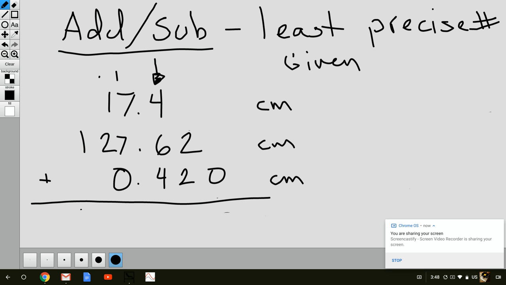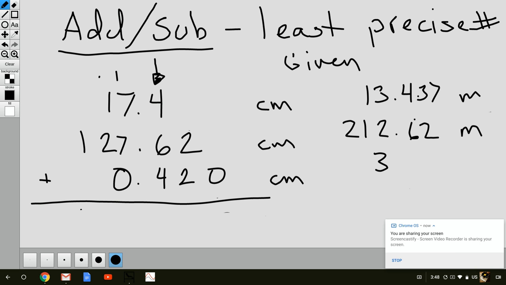On this next one, we are going to do 13.437 meters, and we're going to add to that 212.62 meters, and to that, we're going to add 3 meters.